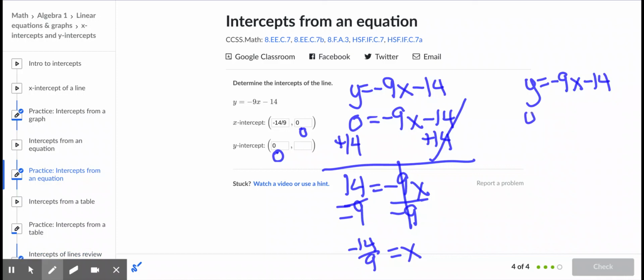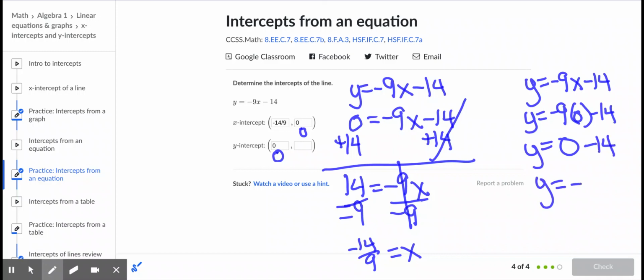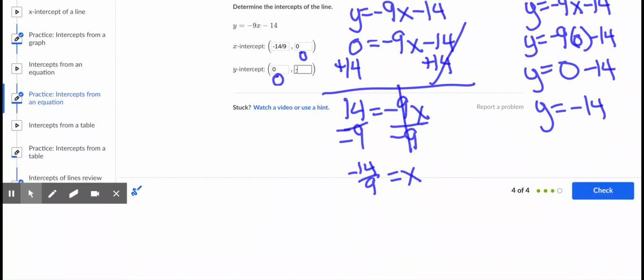I take out the x and I put in a 0. So negative 9 times 0 minus 14. Negative 9 times 0 is just 0. 0 minus 14 is negative 14. So I know that y equals negative 14. And we are finished.